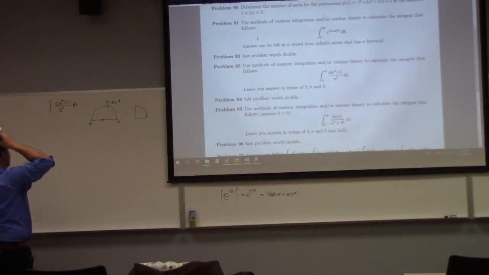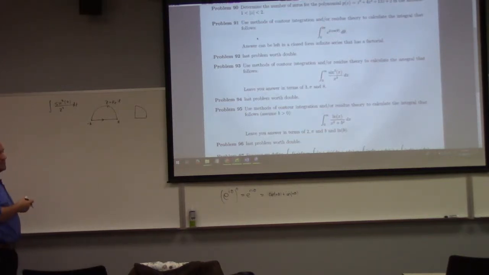I don't see why the integral would be anything but 0. I mean, I've got no pole, right?